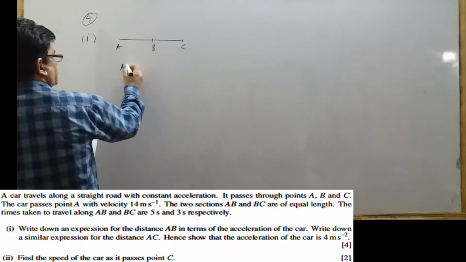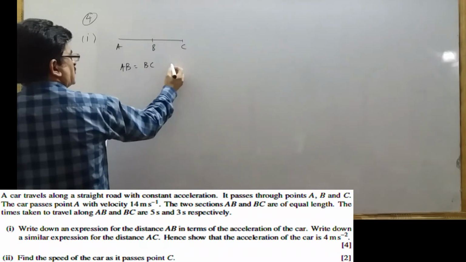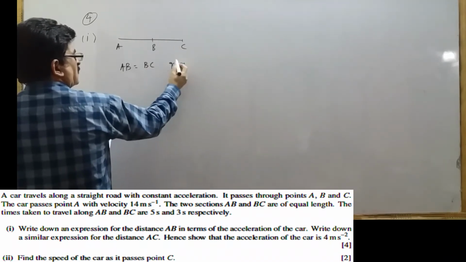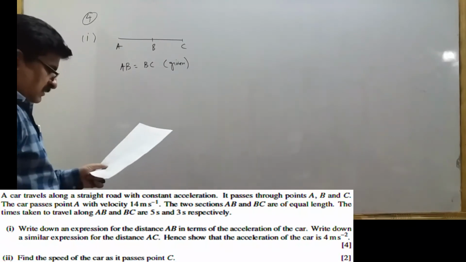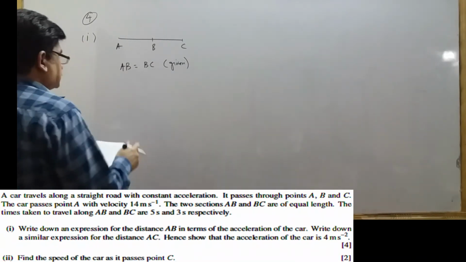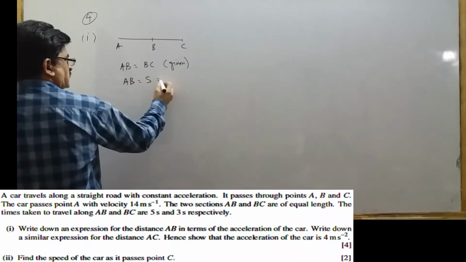Very important part is given that AB is equal to BC. So keep this in mind, we will use it. Now write down an expression for distance AB. We need AB, which is our s.